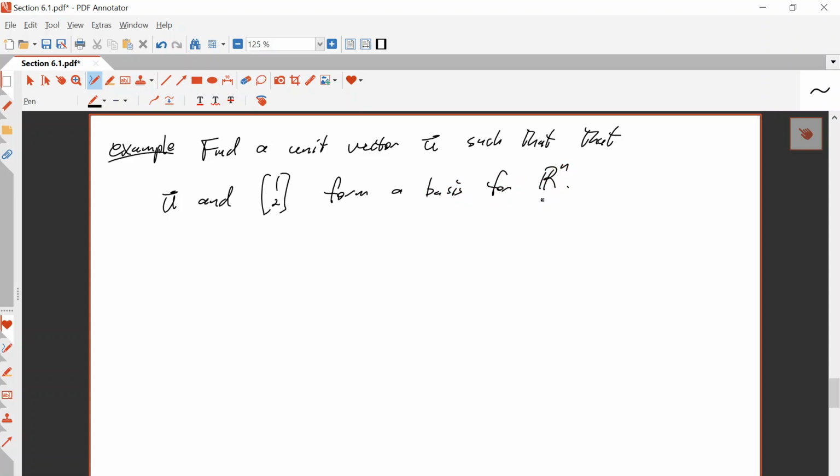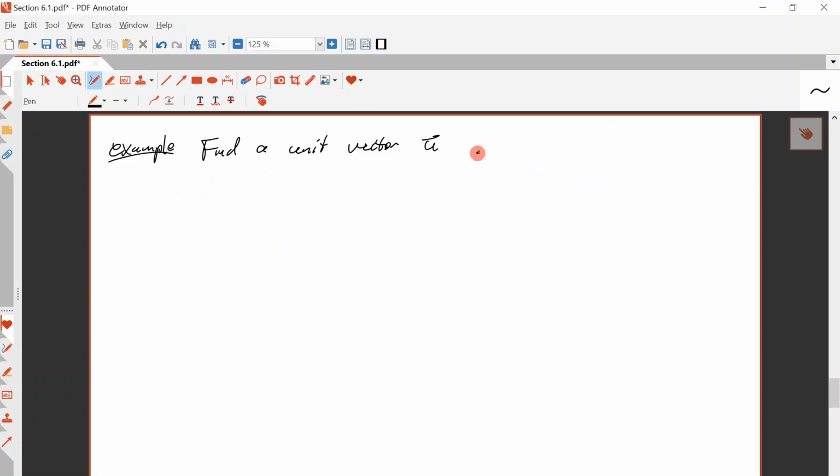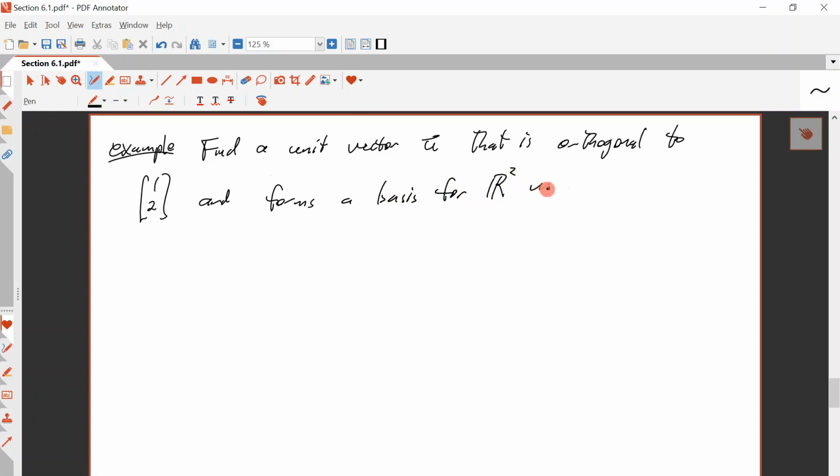Well, no, I'm sorry. Find a unit vector u that is orthogonal to (1, 2) and forms a basis for R2 with (1, 2).